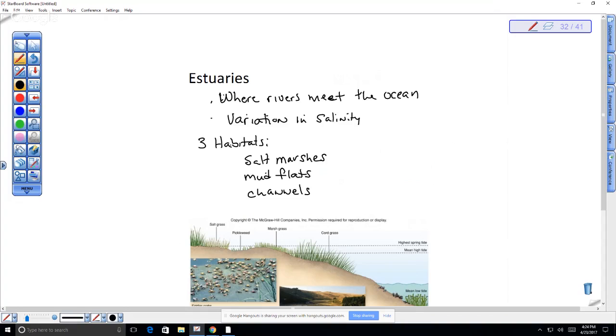So the mud flats are areas where the mud is exposed during low tide, and then the tide can come in. So if you've ever been clamming, for example, on the Oregon coast, this would be the mud flats. And then the channels are where water sometimes flows, and they can be a little bit deeper in those channel areas.